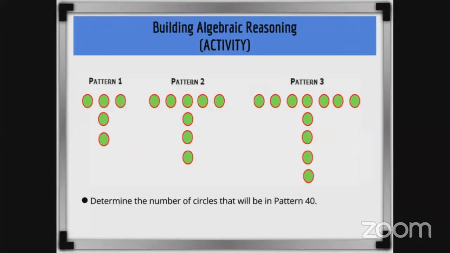I want you all to draw an image or tell me how you see the pattern at 1, and as it moves to pattern 2, how do you see the changes, the differences, the sameness with these 3 patterns? You have a minute to come up with that.